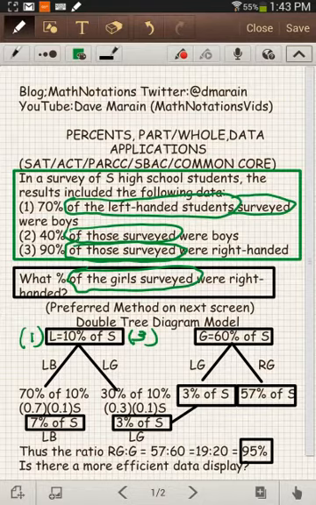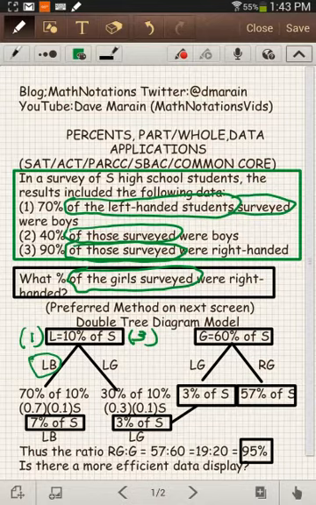And this 10% is kind of like the base or the whole, even though it's not the full 100% of those surveyed, it will be the base for the percents we are using here. In this particular case, we know that the boys were 70% of the left-handed students, so I use LB.